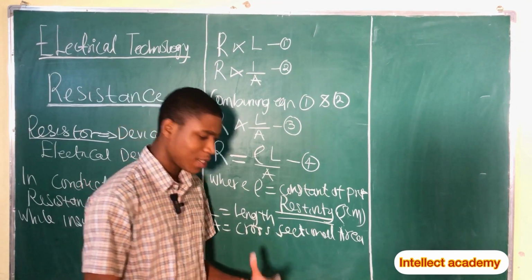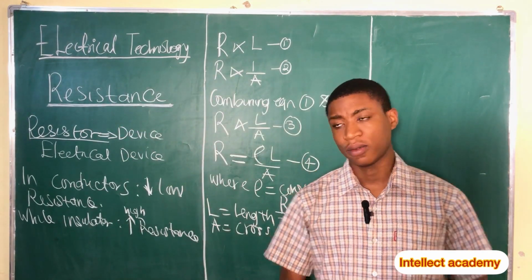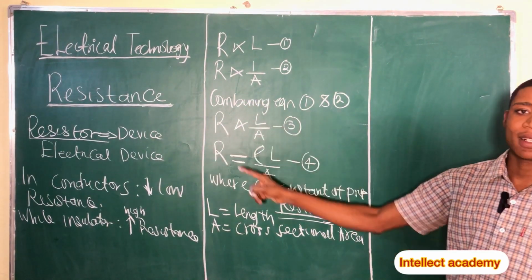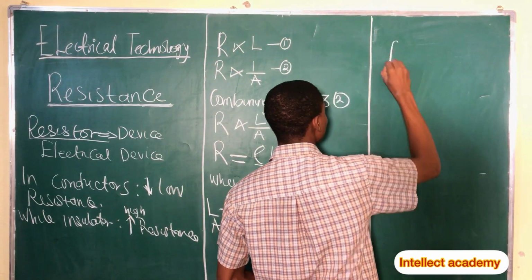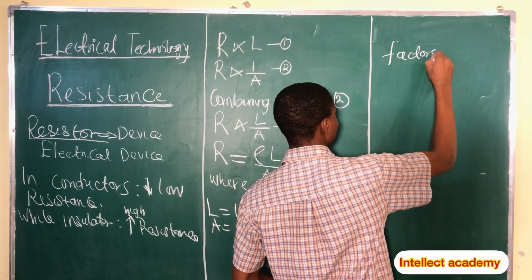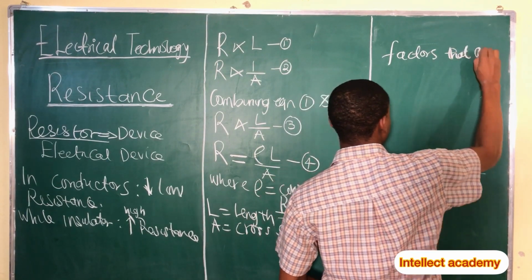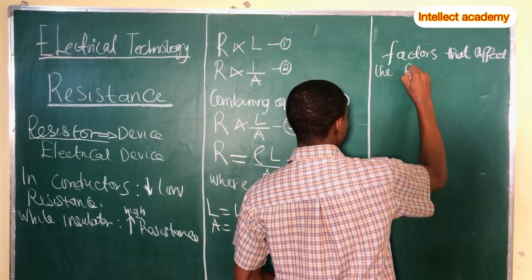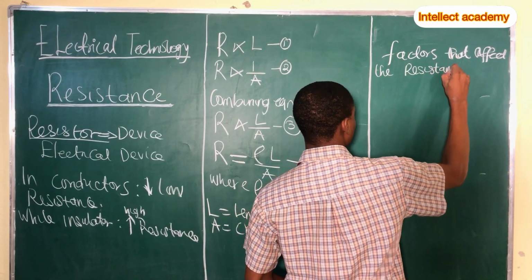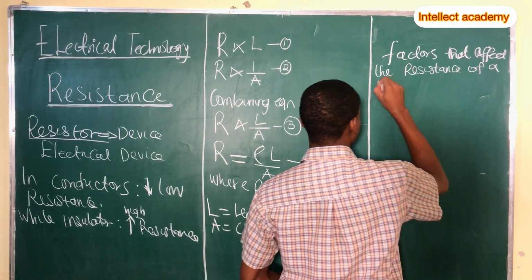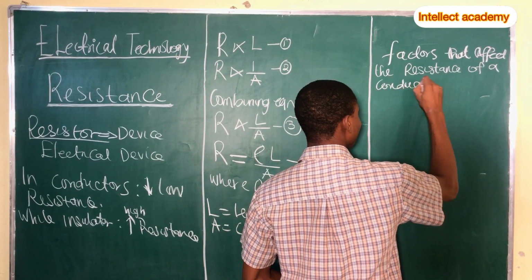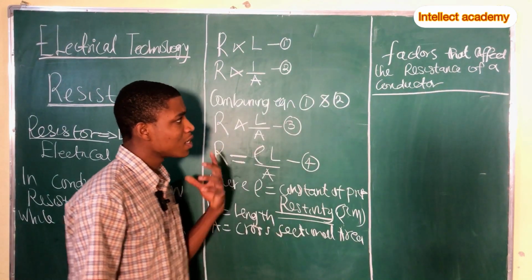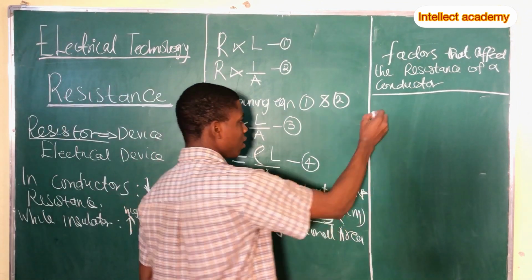Okay, now there are some factors that determine the resistance of a material. Now take note, from this relationship here, we can see the factors that affect the resistance of a conductor. Number one is what?